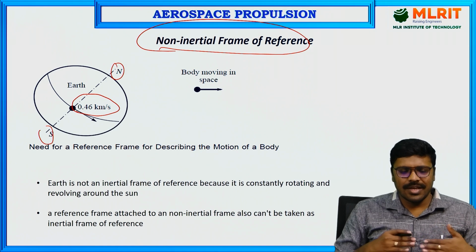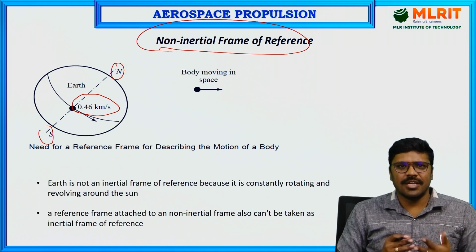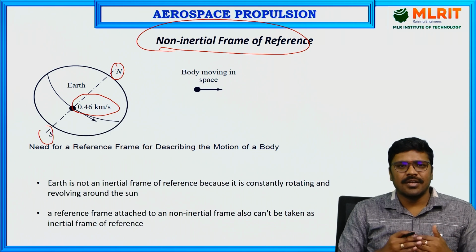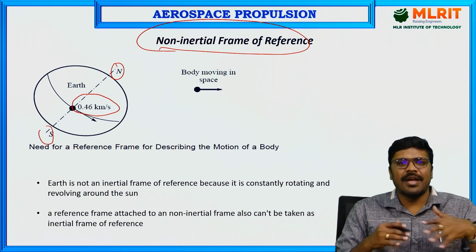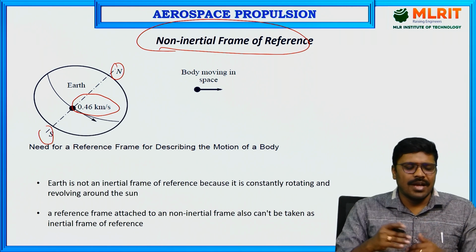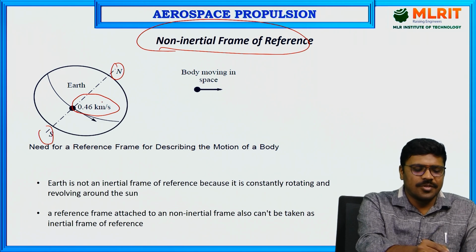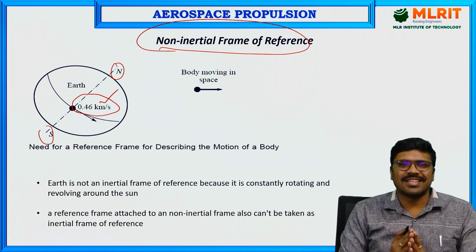With respect to the earth, I am not moving, I am at rest, sitting in the chair. But if a person in space observes me through a telescope, he can observe that I am moving with a linear velocity of 0.46 kilometers per second around the earth's axis.